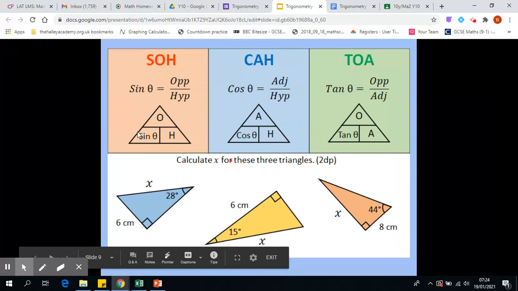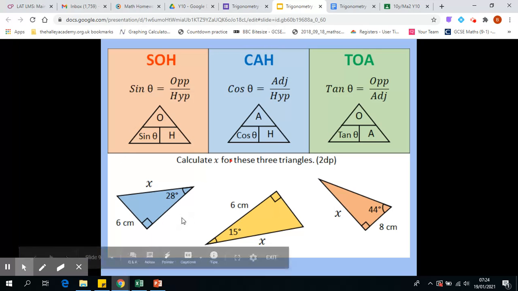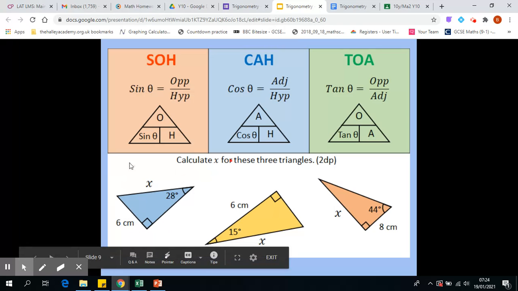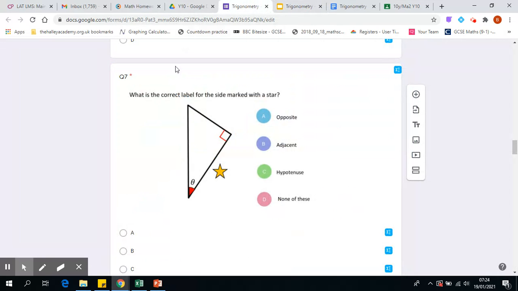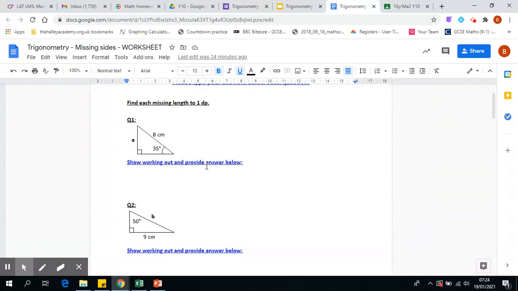Using the two examples provided, please attempt one of the questions. The questions are on slide 9 and the answers are given in slides 10 and 11 for your reference. Once completed on a piece of paper, ensure you complete the trigonometry quiz and the worksheet.